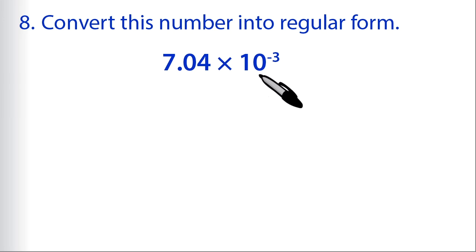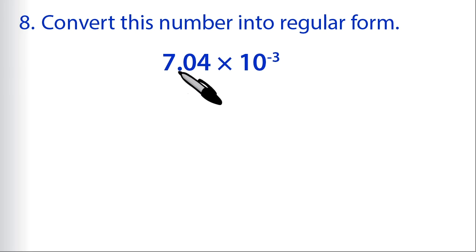negative 3. So now, since this is a negative exponent, we're taking this number and multiplying it by like 1 over 10 3 times. We're dividing it by 10 3 times. So another way of thinking of that is that instead of moving the decimal point to the right, which would make this number larger, we need to move it to the left to make this number smaller.